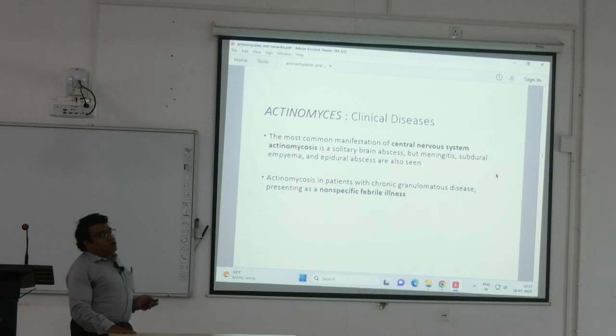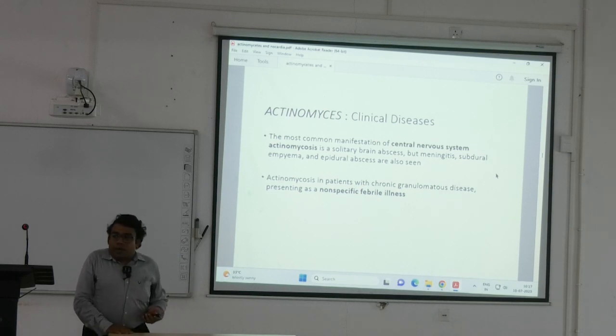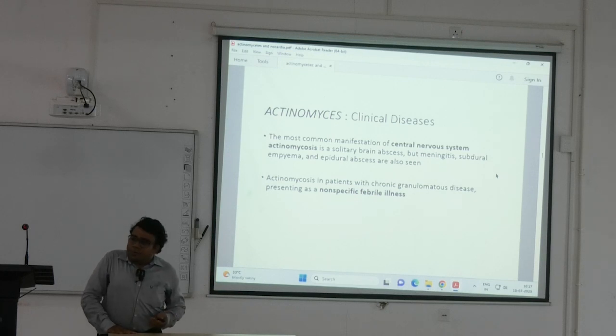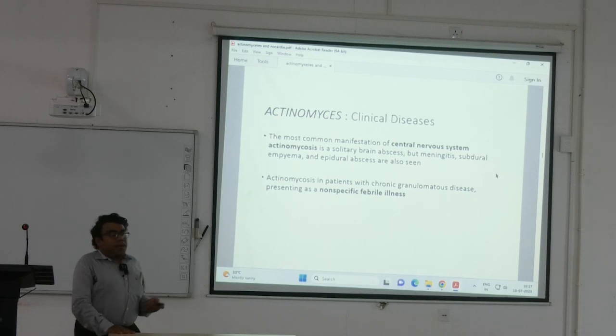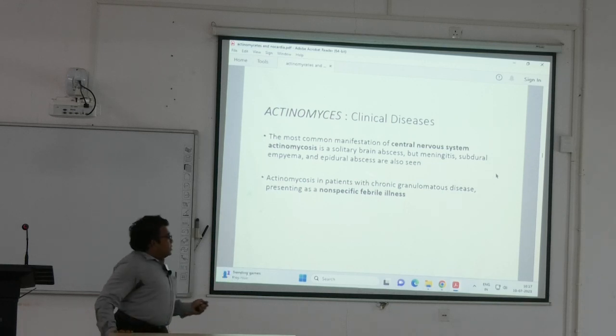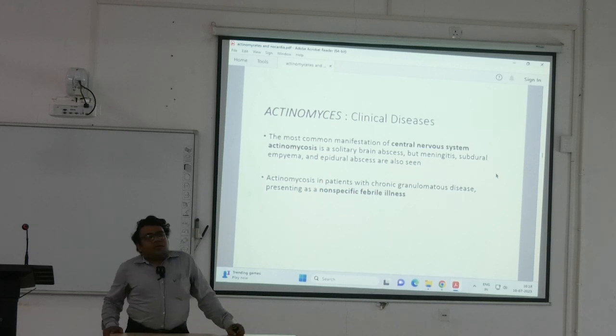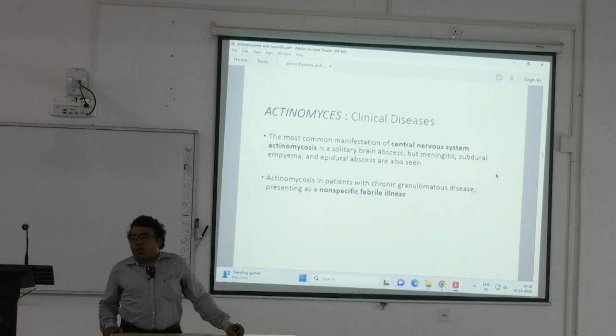Central nervous system, I have already said, as a sequela of a systemic infection may present with a solitary brain abscess or sometimes, rarely, meningitis. Another important aspect of actinomyces is this entity called non-specific febrile illness. Sometimes many patients present with only fever and no other clinical signs and symptoms.